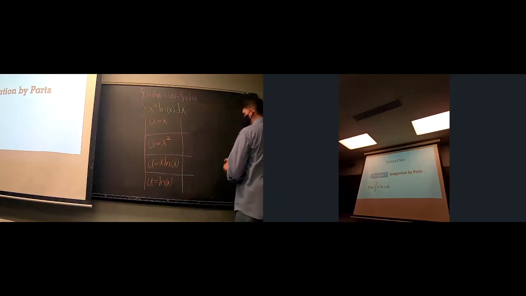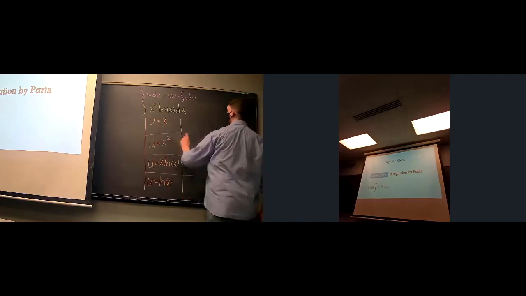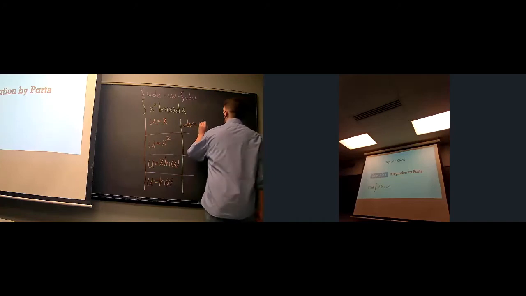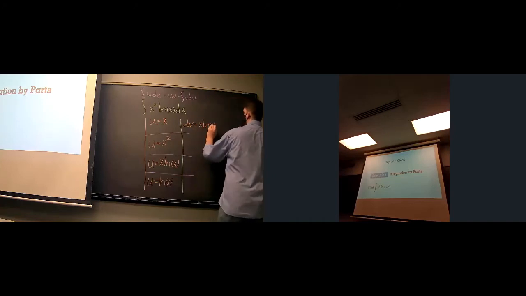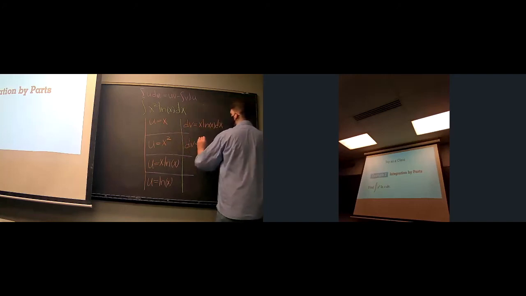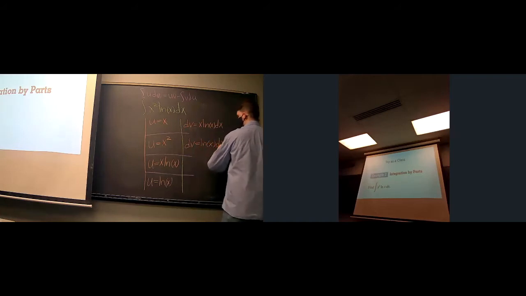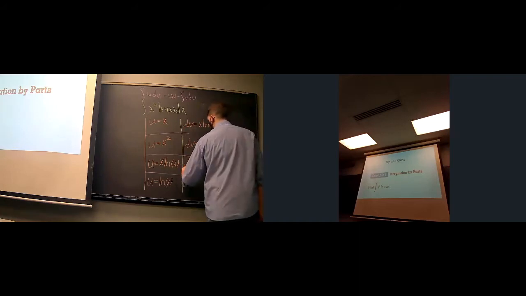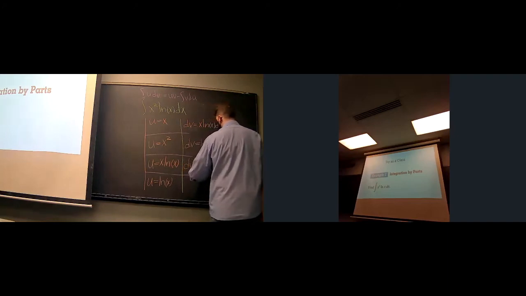Sorry. It's going to be the ln. And the reason why is, if this is the case, then dv here would have to be x ln x dx. Here, dv would have to be ln x dx. Here, dv would have to be x dx.